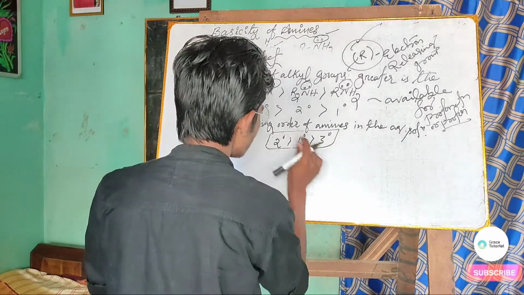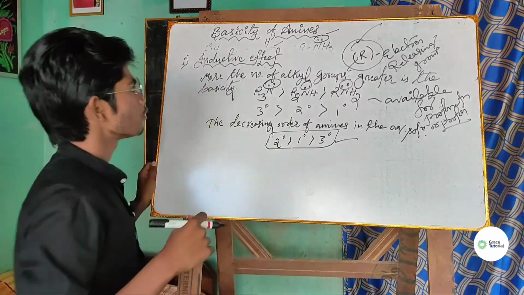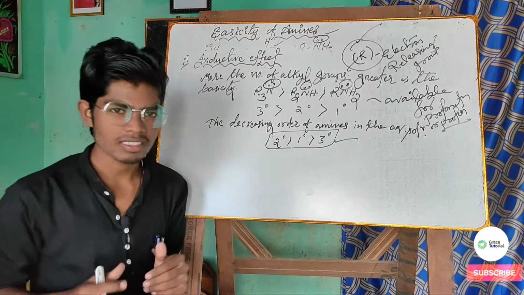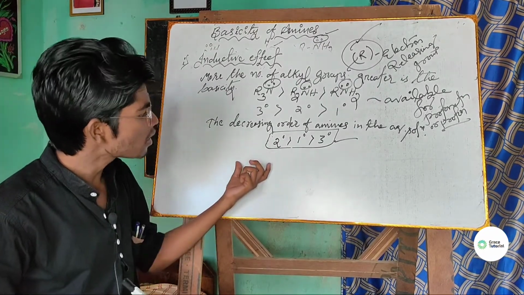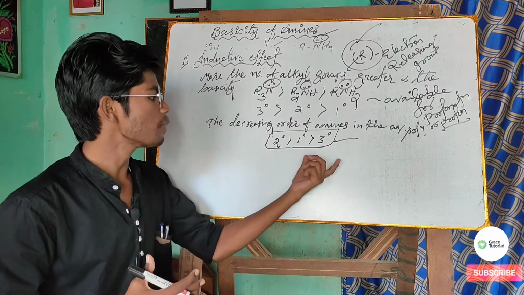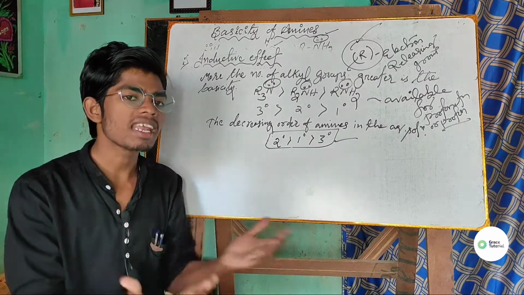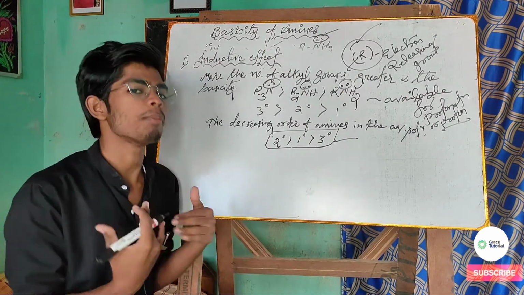This is the actual order of the basicity of the amines. That means the secondary amine is greater than the primary amine, which is greater than the tertiary amine in basic character.